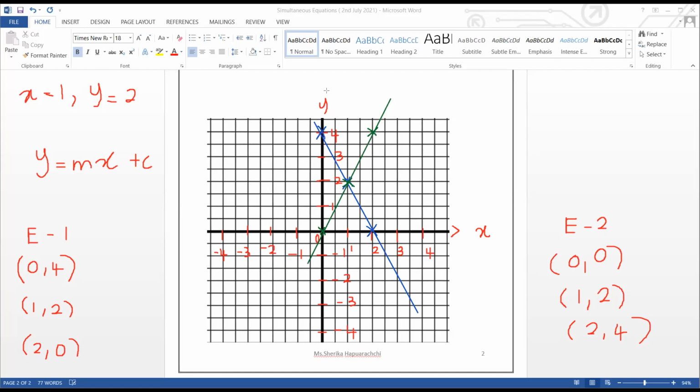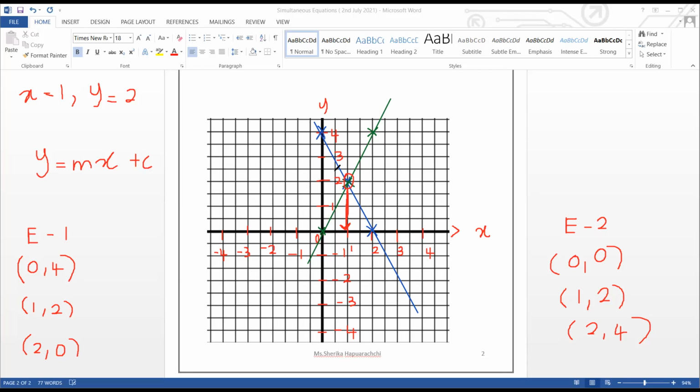Okay, now when I draw like that, I can see my intersection point, right? So by looking, I can see this is my intersection point. So if I come down, this is my x value, right? I can identify clearly this is my x value and this is my y value.